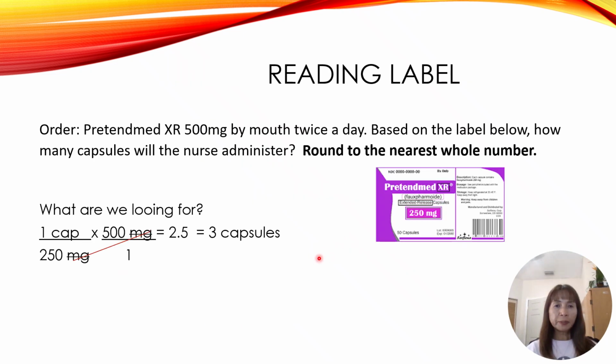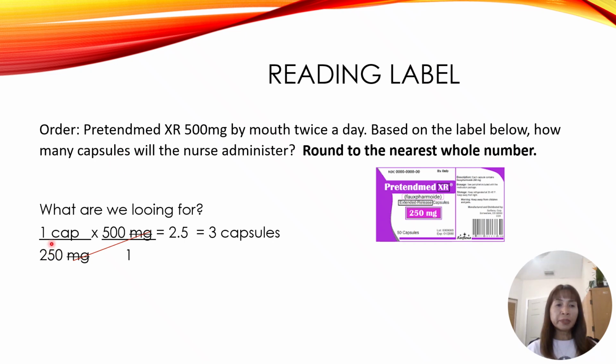Okay, so the next problem is just determining how many capsules we are going to give based on what we have. What we have here is 250 milligrams per capsule. The doctor ordered Pretend Med XR 500 milligrams. So now we are going to determine how many capsules we are going to give to our patient. Let's start with capsule because this is what we're looking for.